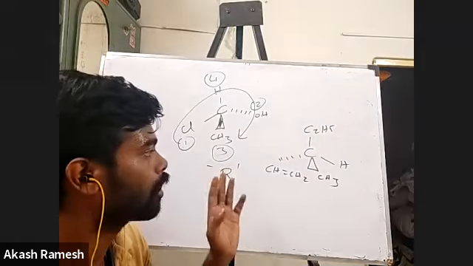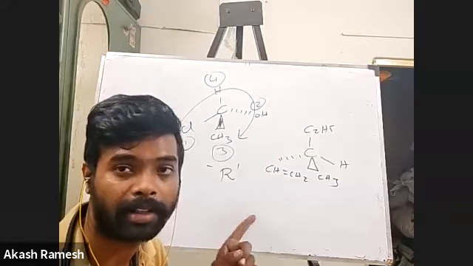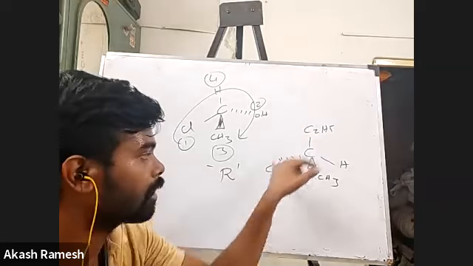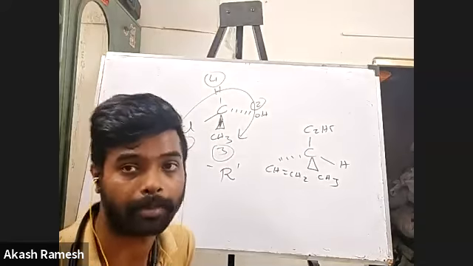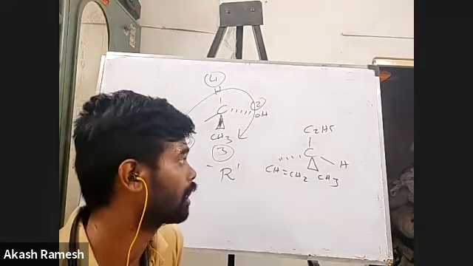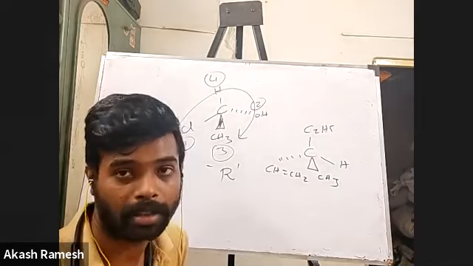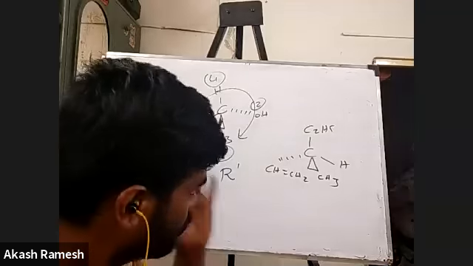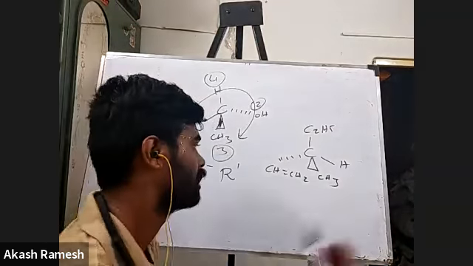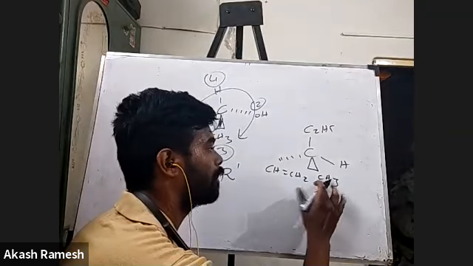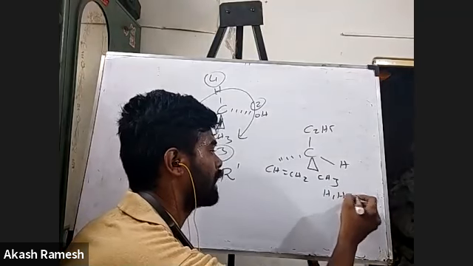I have to look at the first atom to which this chiral center is attached. Carbon, carbon, carbon, all are carbon atoms. Now I go for the next atoms attached. After carbon, I have hydrogen, hydrogen, hydrogen.